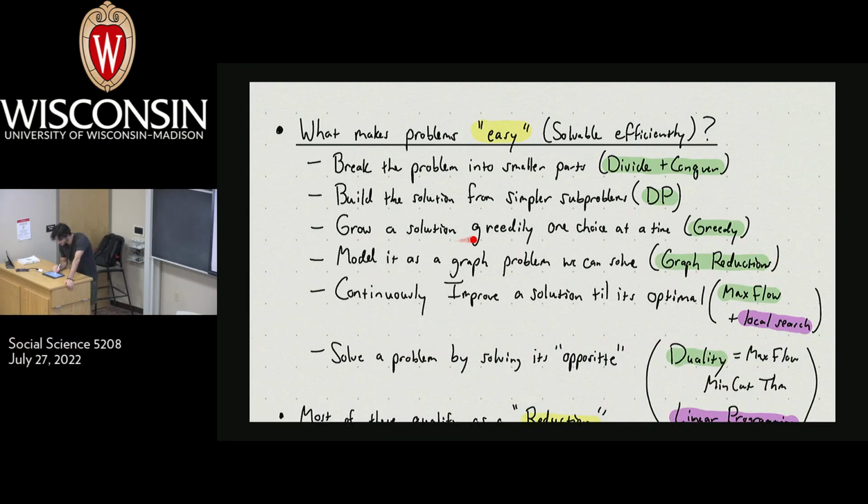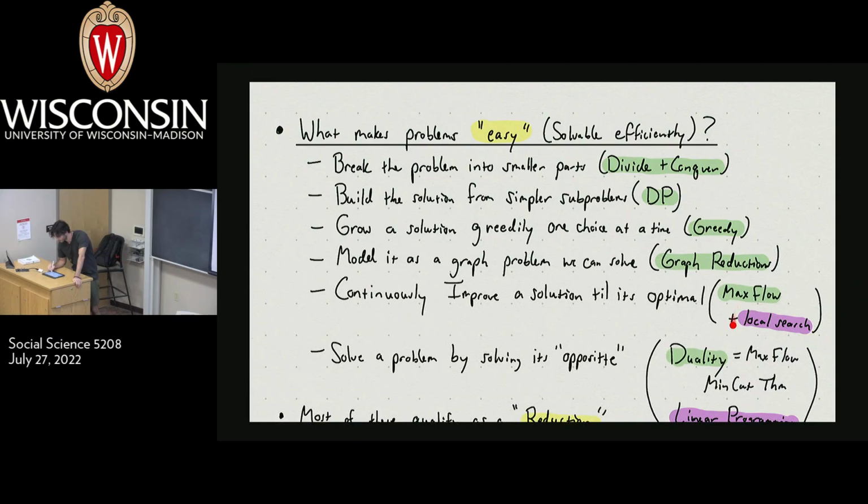We could grow a solution greedily, one choice at a time. Obviously, that's greedy. We can model the problem as some kind of graph problem that we know how to solve. That's graph reductions. We can continuously or iteratively improve a solution till it's optimal. That's Max Flow. That's basically what the Ford-Fulkerson algorithm is doing. It continually finds a better path that improves the flow over time.